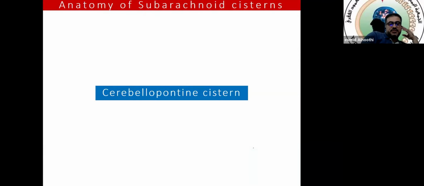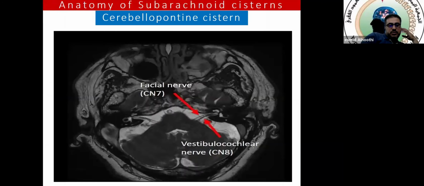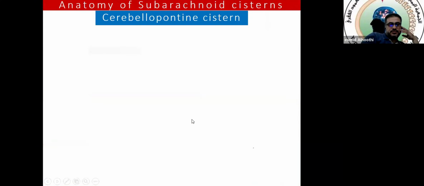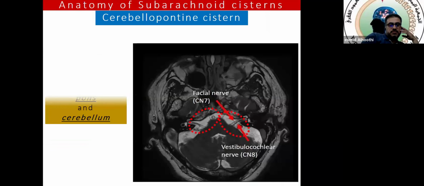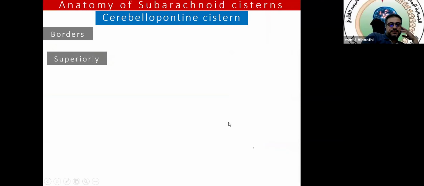The next cistern is the cerebellopontine cistern. The cerebellopontine cistern is located here, just anterolateral to the pons, between the pons and the cerebellum. It extends between the anterolateral surface of the pons, as we see in this MRI, and the cerebellum.